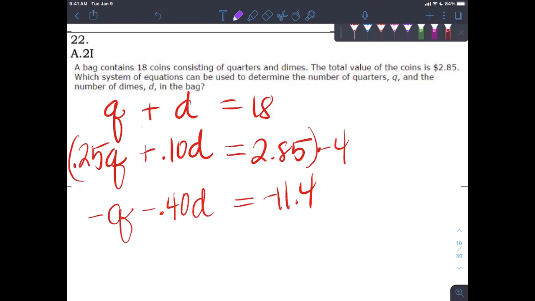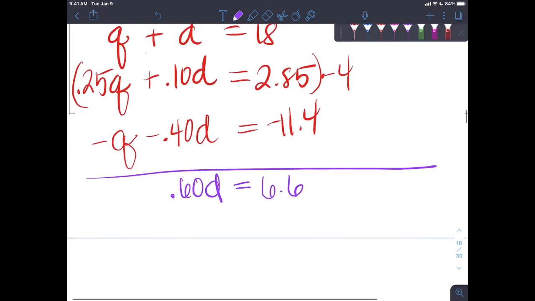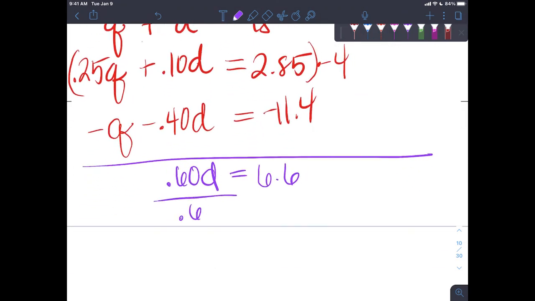So q minus q, they cancel. d minus 0.4d, 0.6d, and 18 minus 11.4, 6.6. All right, so now I can solve for d. Let's divide everybody by the coefficient of d.